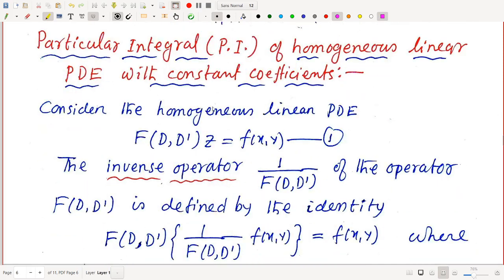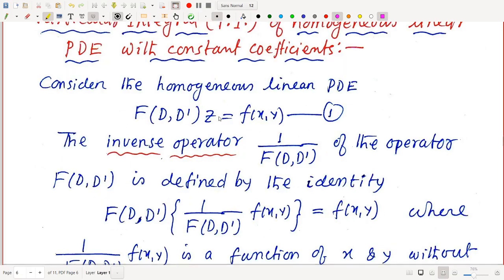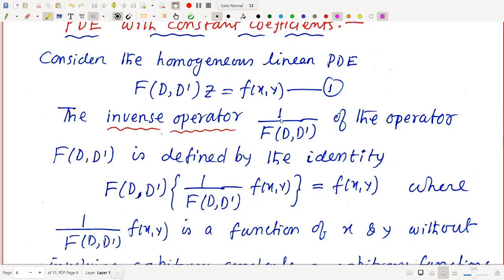Now how to find the particular integral, or rather what the particular integral definition is, we have to give now. Particular integral, PI in short, of a homogeneous linear PDE with constant coefficients. Consider the homogeneous linear PDE f(D, D')z = f(x,y). Now we define the inverse operator. The operator f(D, D') is a differential operator.